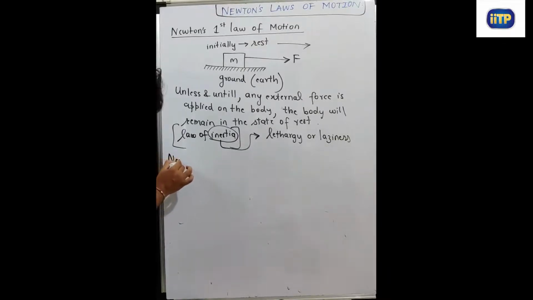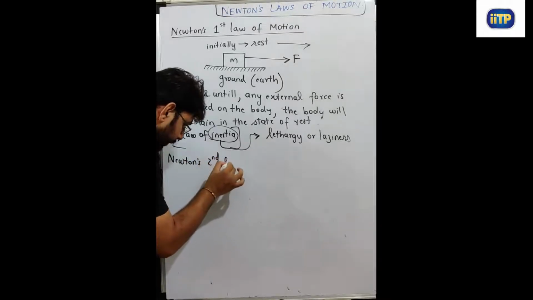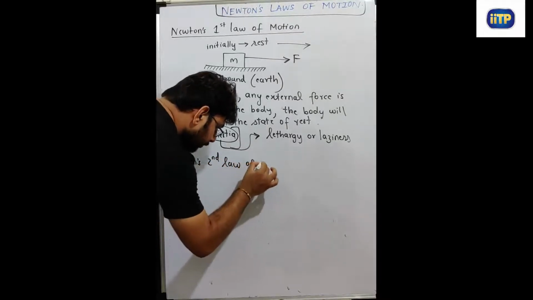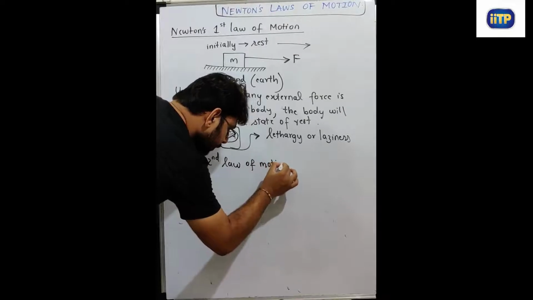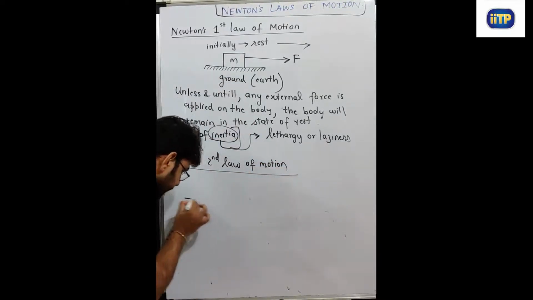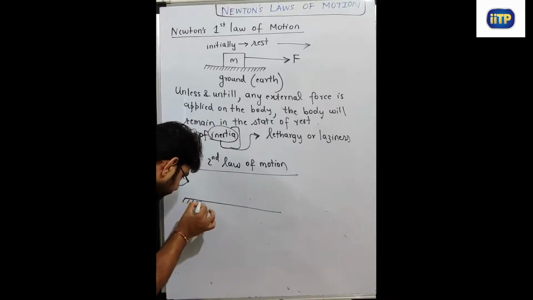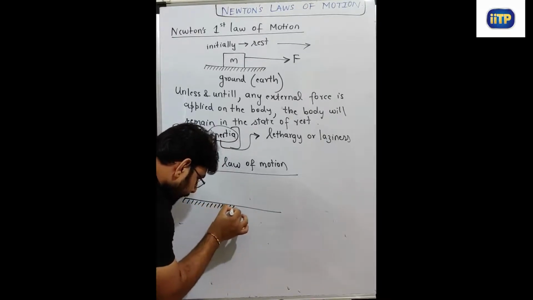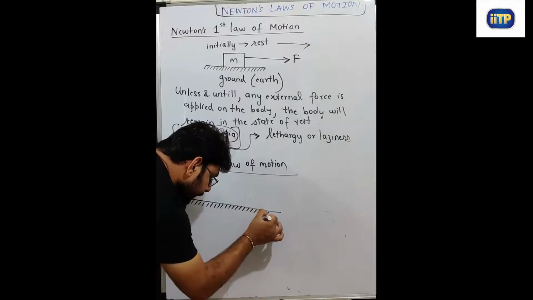Now let us study Newton's second law of motion. Now this is very interesting. Right? Now let us again take the same example but a bit different. Earlier we kept the body at rest.